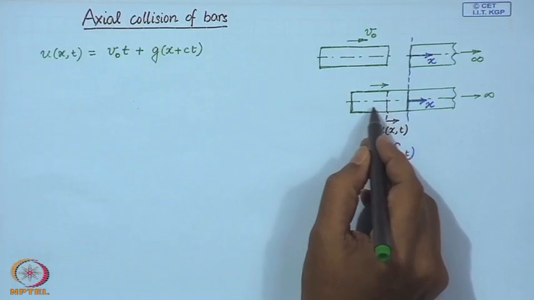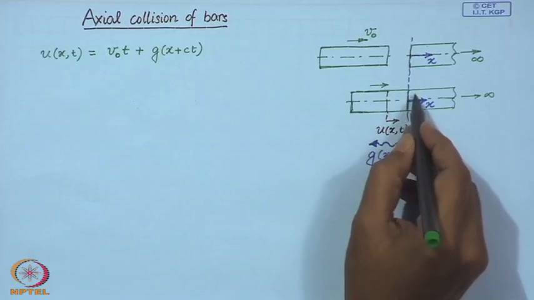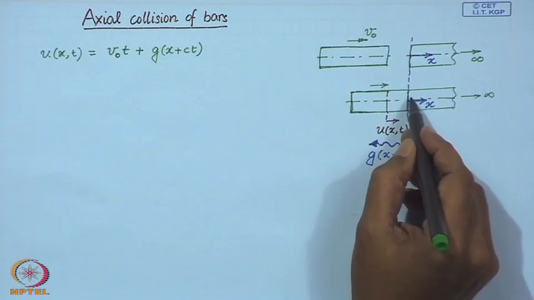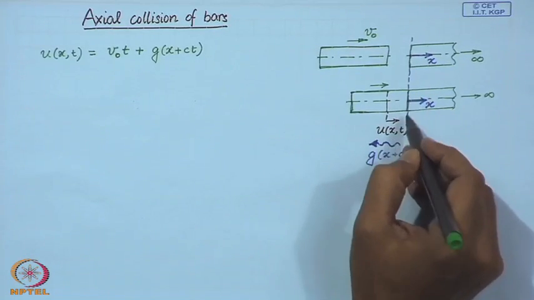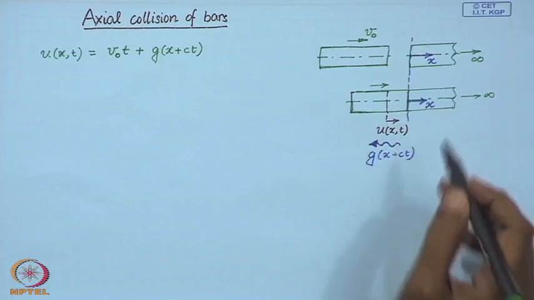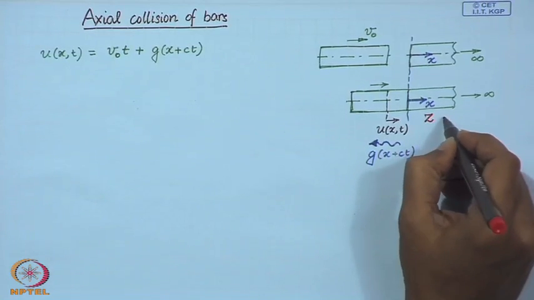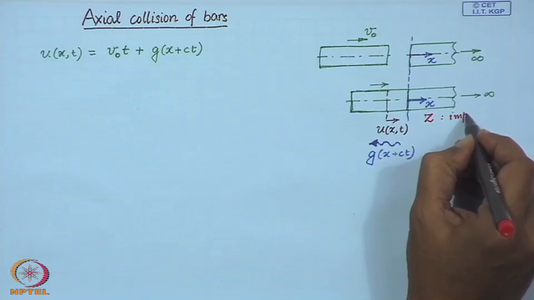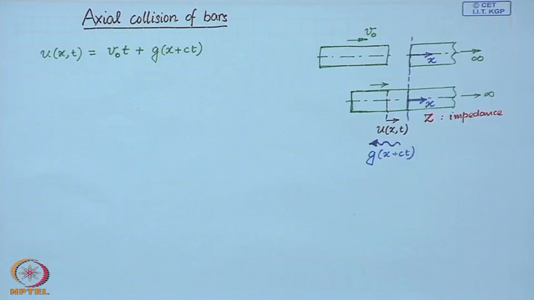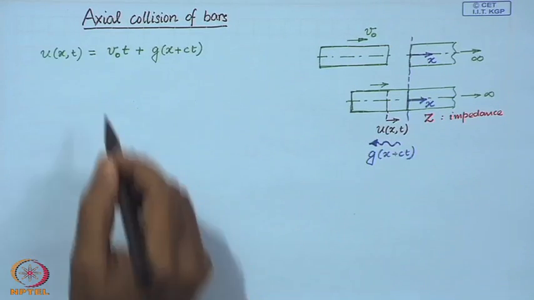Now, let us consider how this wave is being generated. We will consider that this semi infinite bar has an impedance z. We will consider special values of z later on.